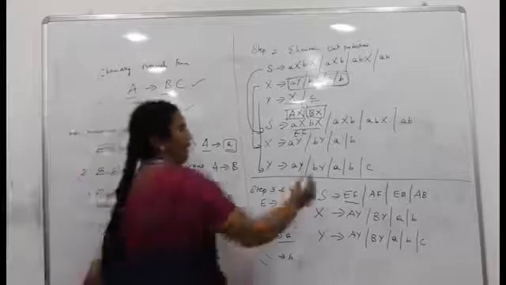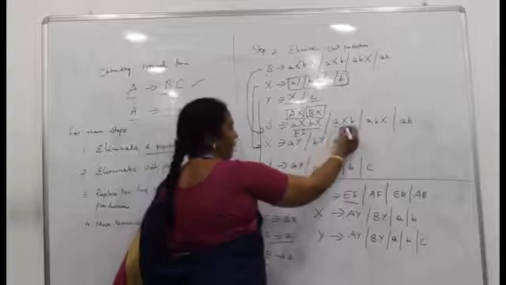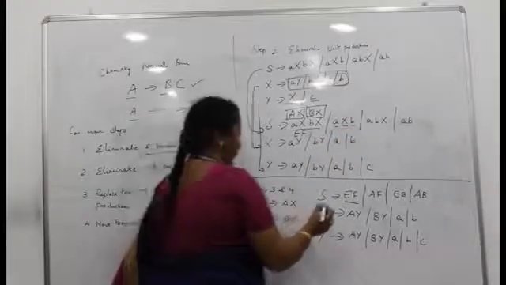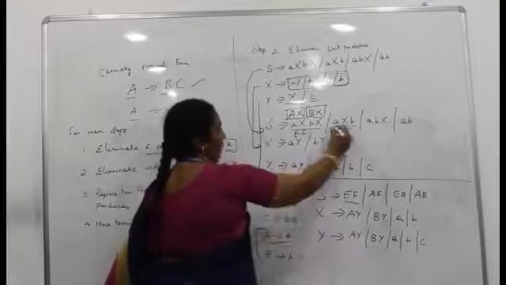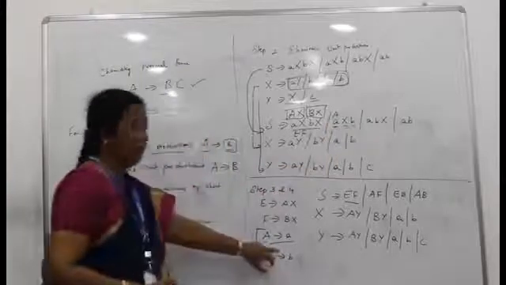In the same way, the second one: I have a terminal a, capital X non-terminal, followed by a terminal. Again I am going to replace the terminal a with capital A using this rule.